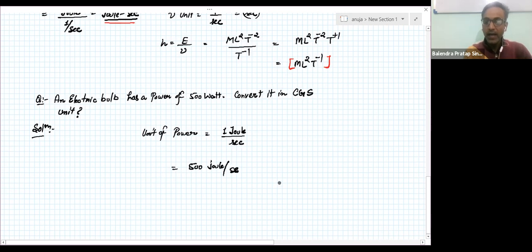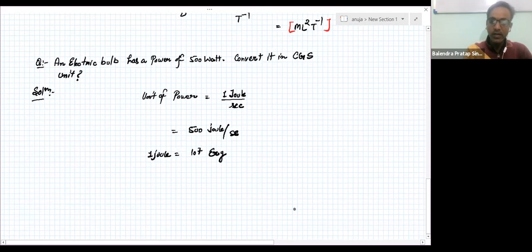As you know, 1 joule is equal to 10 raised to the power 7 erg. So we can use this conversion: if 1 joule is 10 raised to the power 7 erg, then 500 joule is 500 into 10 raised to the power 7 erg.